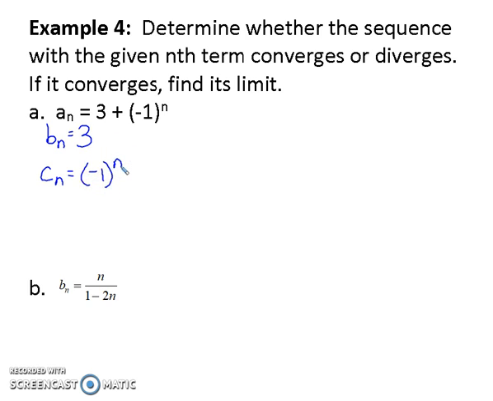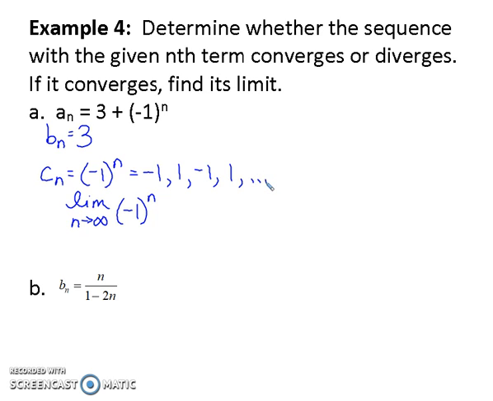Then I would focus on finding the limit as n approaches infinity of negative 1 to the nth power. So that could be a little tricky. But if we think about what that sequence actually is, well, negative 1 to the first would be negative 1, and then negative 1 to the second would be 1, negative 1 to the third would be negative 1, negative 1 to the fourth would be positive 1, and so on and so forth.